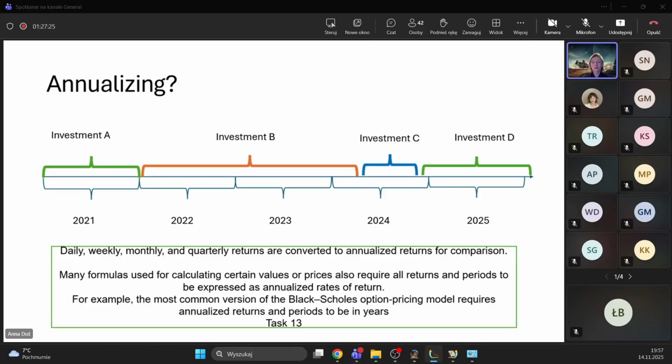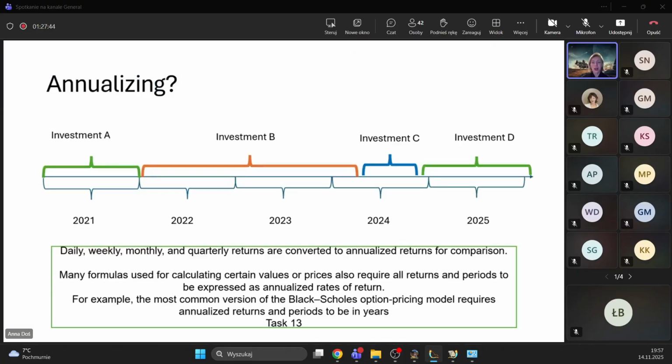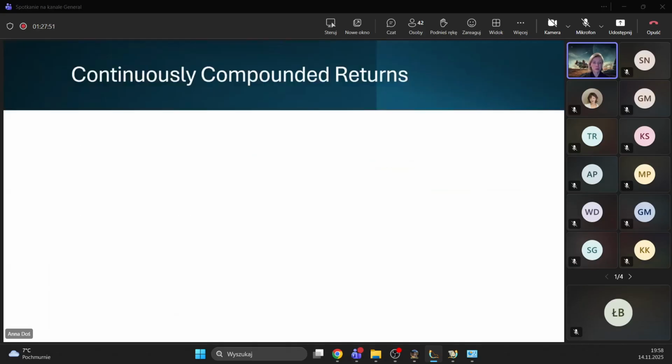So they want these returns to be in years. So if you have an investment that lasts for 7 months, you need to somehow extrapolate the results to get the annualized rate of return. And this is financial mathematics, and I will not go deeper into this. I just want to remind you that this is a technicality that we should also remember about.